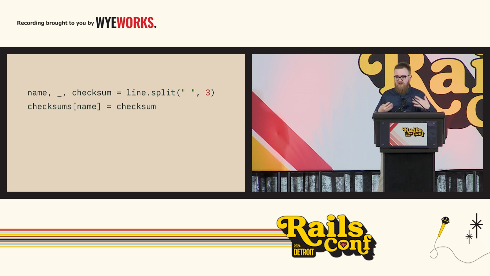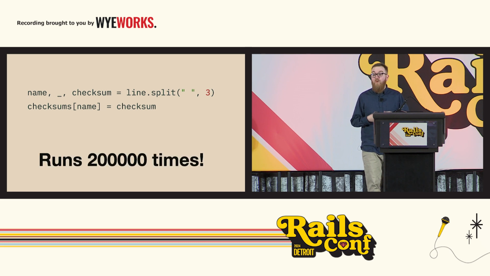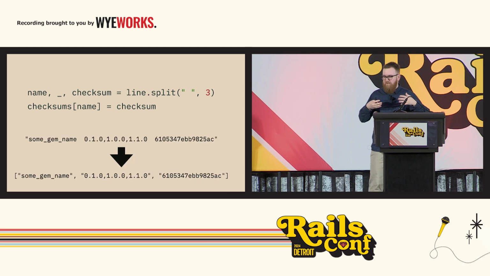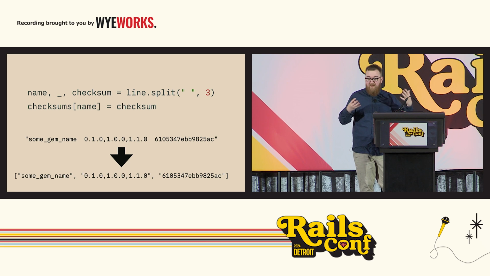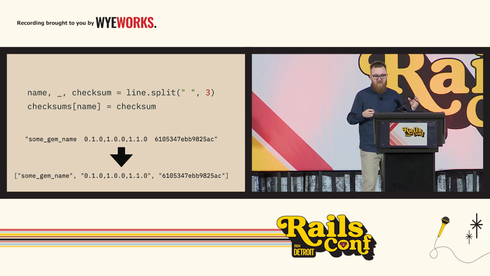And there's nothing particularly wrong with this, but this happens to run 200,000 times, which is quite a lot. And each time, the work it's doing is on the strings that come in. I looked into what this is. We're downloading a file from the internet that has a list of every single gem, and then a bunch of numbers, and then a checksum. And we're splitting it into these separate variables, or into 3 separate strings, and then wrapping that in an array to return it.